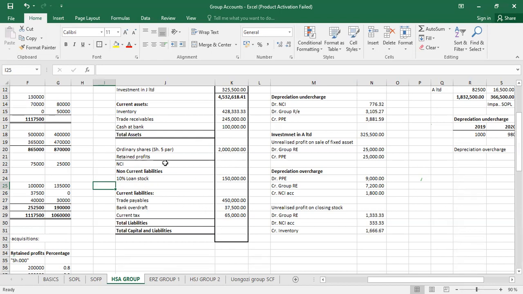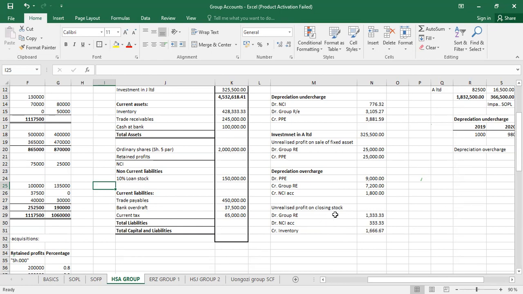Then we'll go on. Remember, this one is the income statement, not the statement of financial position. In the income statement, we add it to retained earnings.